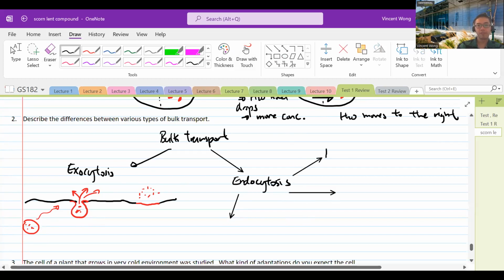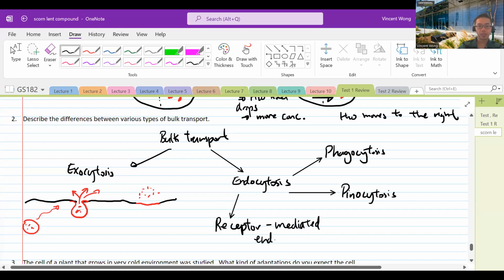There is phagocytosis, which brings in solids. There is pinocytosis, which brings in liquid. And then lastly, we have receptor-mediated endocytosis, where it is more selective about what you're bringing in.